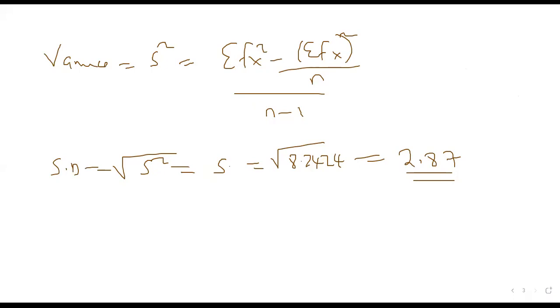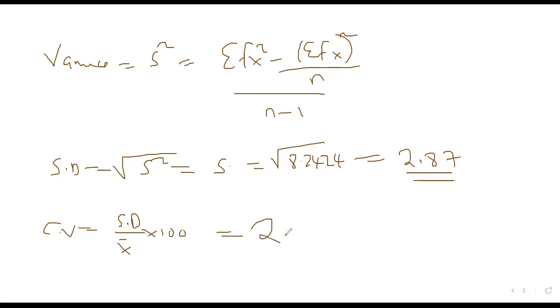So we now go to our coefficient of variation. So coefficient of variation CV is simply standard deviation divided by the mean times 100.